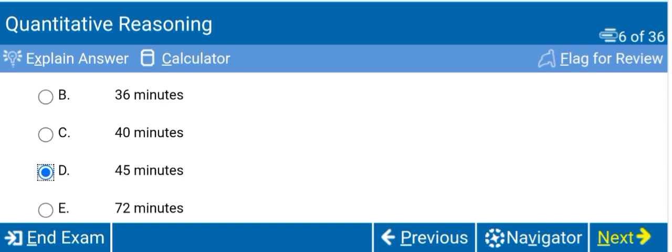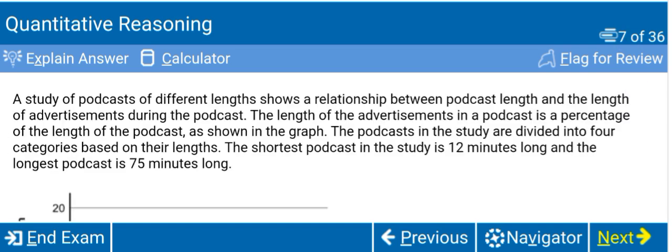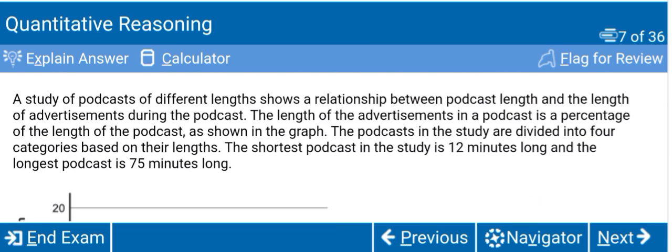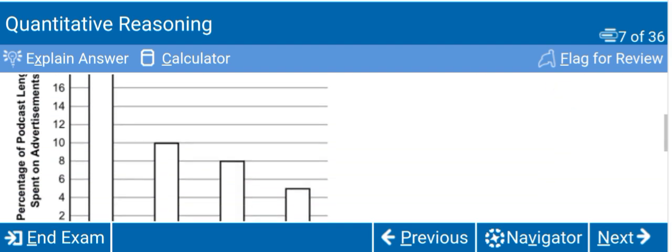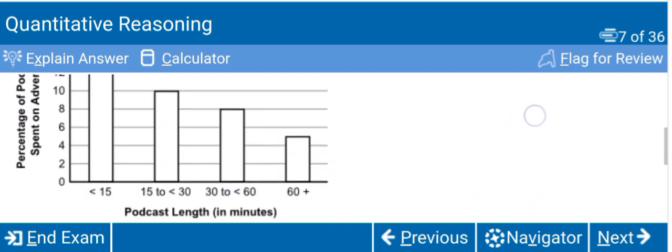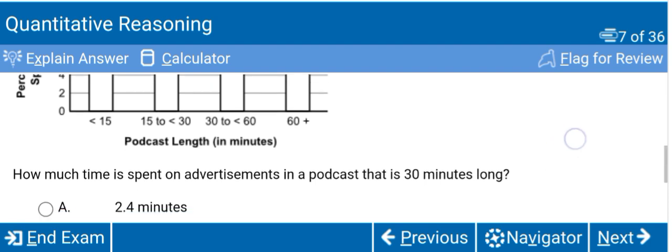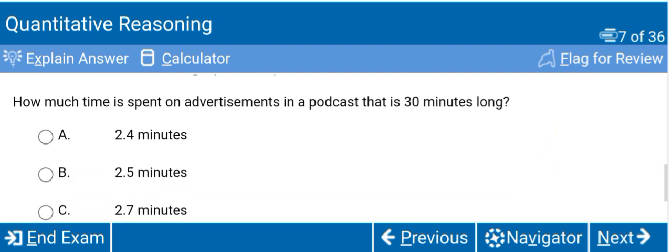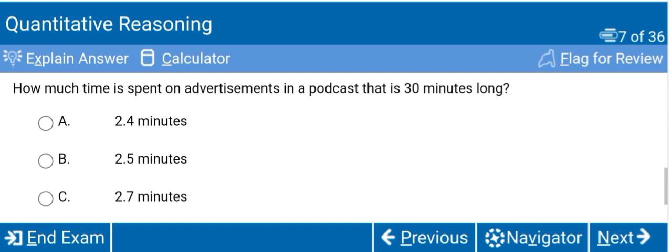Next question we have question number 7. Again we have the same passage given, with the same chart, and all the information is the same as in the previous question. Now they ask how much time is spent on advertisements in a podcast that is 30 minutes long.